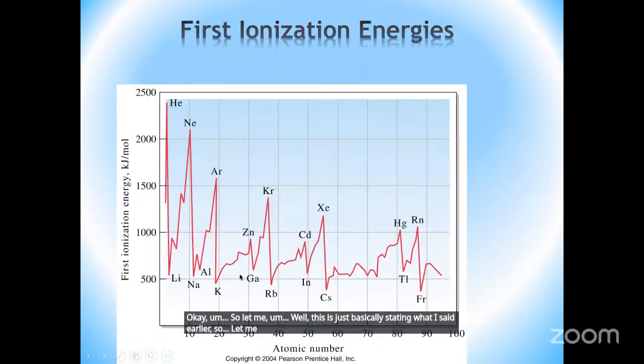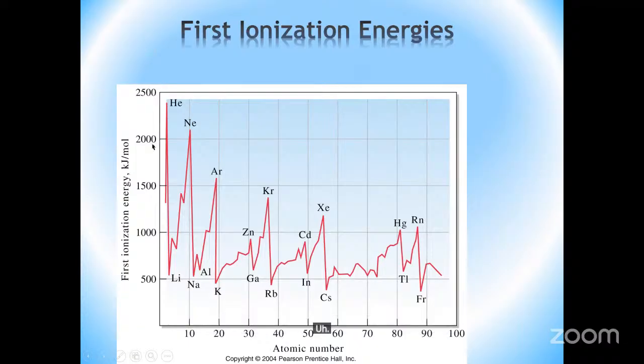Okay, so this is a graphical representation of the first ionization energy plotted on the y-axis and the atomic number plotted on the x-axis. And you're going to see for period 2, starting with lithium and ending with neon, what I described earlier, right?